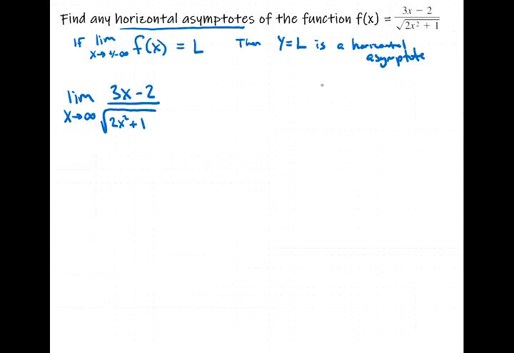So we're going to use the fact that the limit as x goes to infinity of any constant divided by x to the power of k approaches 0, because as the denominator gets infinitely large, the value of the fraction gets infinitely smaller.